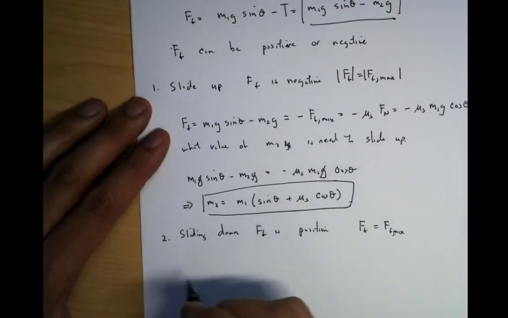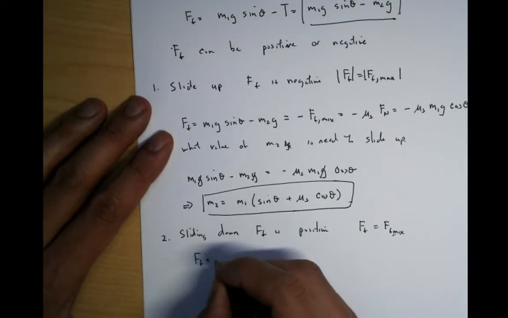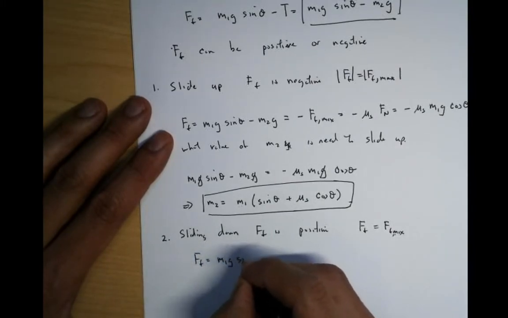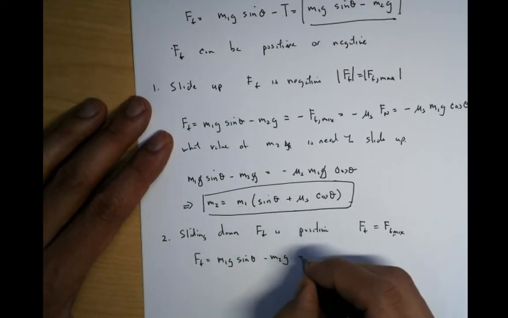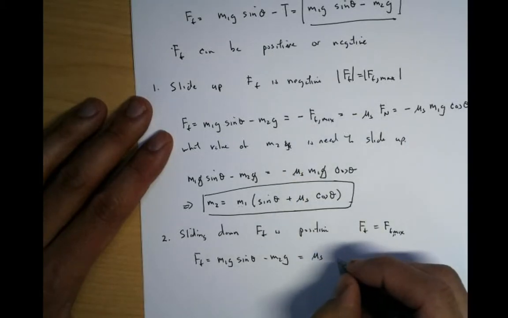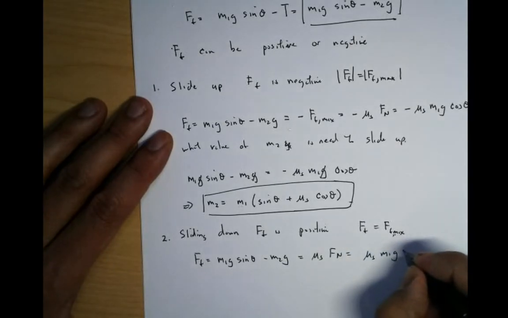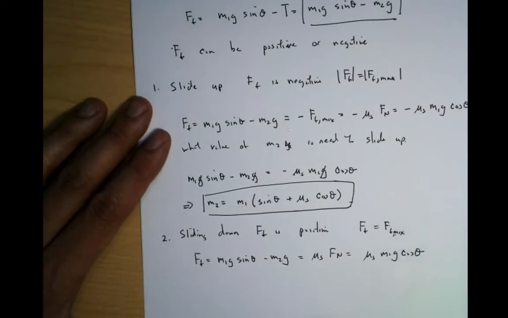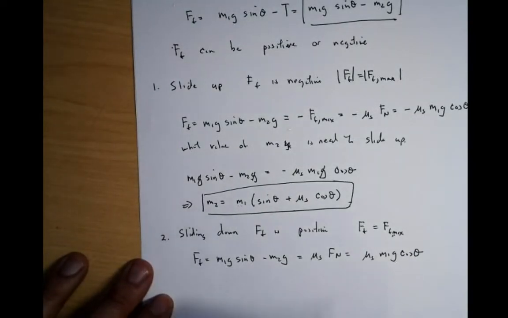So let's write that entire thing down again. So it's going to be f of f is equal to m1g sine theta minus m2g is equal to, now this is with a positive sign, mu sub s f of n, which is mu sub s m1g cosine theta.